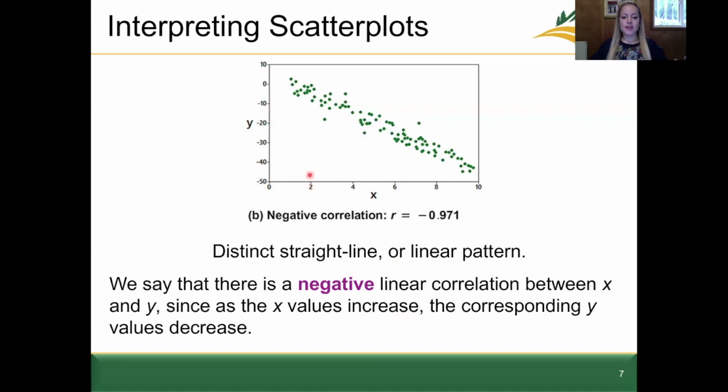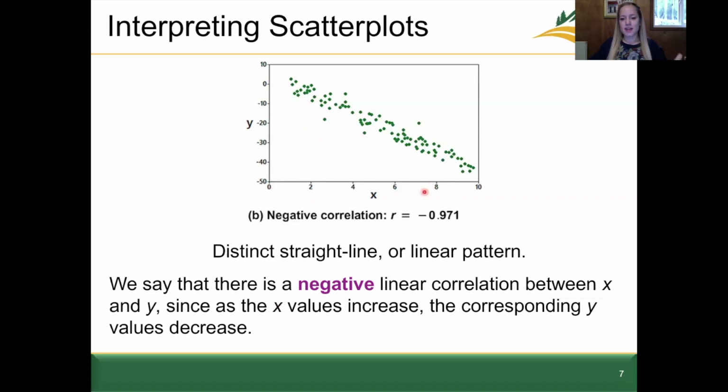For example, let's say that our X value is 2, we go up to the Y axis here, and maybe that corresponding Y value is about -8. So that point would be (2, -8). Let's try another one though, to see if we do follow this negative correlation pattern.